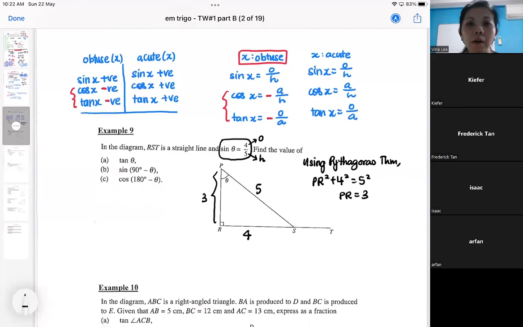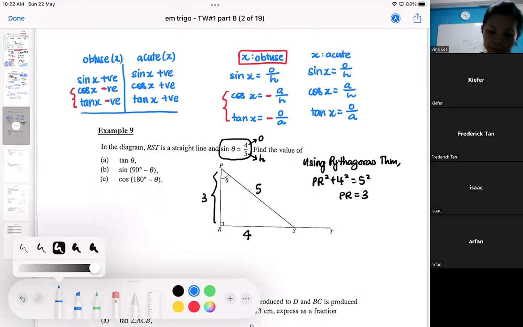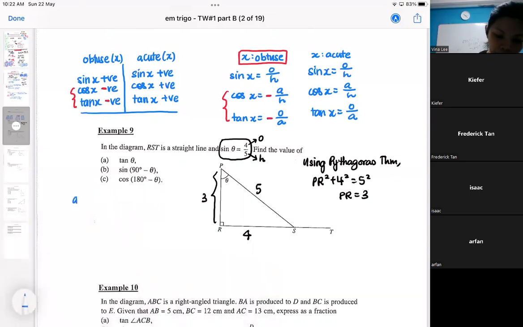So I'm going to show you how we are going to use the formula. So part A, tangent theta. Do you realize theta is an acute angle?